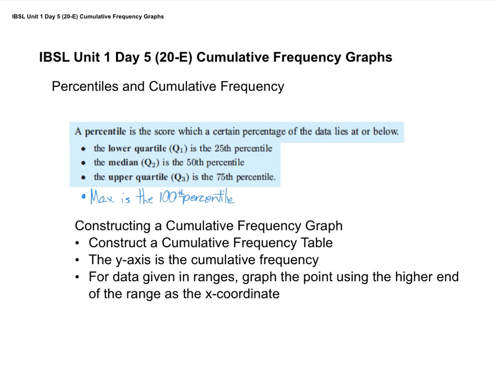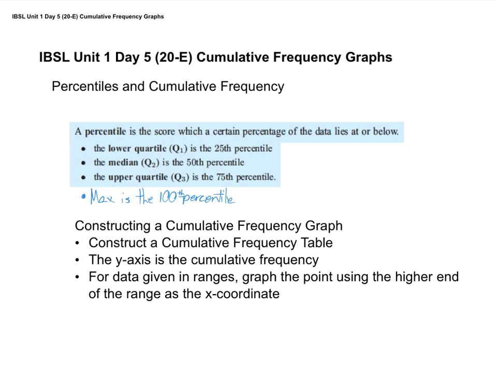Remember, the percentile is the value that is greater than that percent of the data. So the 25th percentile is greater than 25% of the data, and so on. Or at least, it's the percentage of the data that lies at or below. So you have that less than or equal to aspect there.